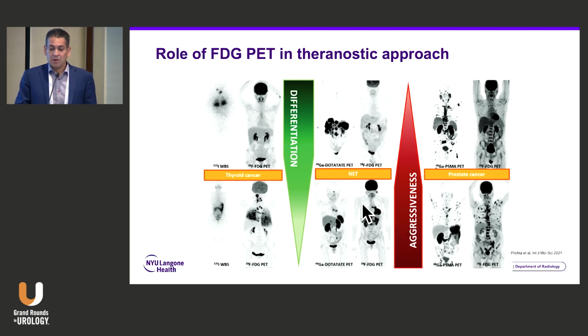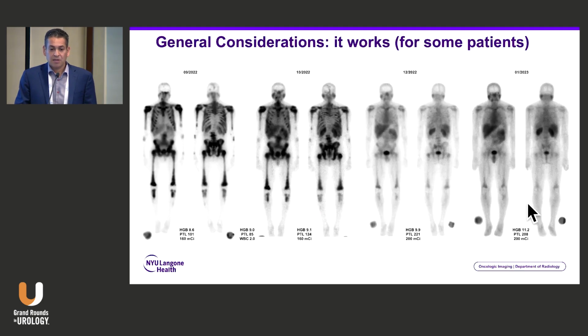You see it in the neuroendocrine tumors, and by extrapolation, you've come to see it in the prostate cancer population as well.